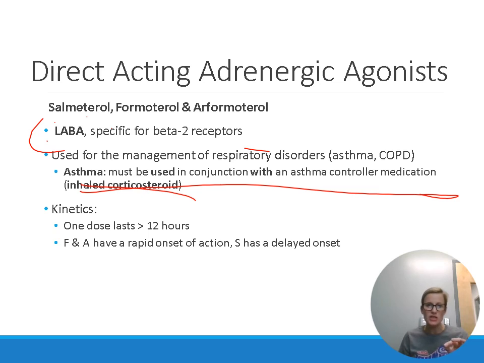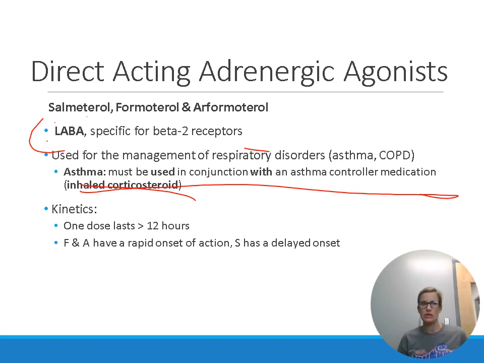I do want to mention, for the longest time, there was this huge red flag saying you can never use a LABA alone in a patient with asthma. It has bad outcomes, all this stuff. The fear of God was put in us about making sure that patients have an inhaled corticosteroid.